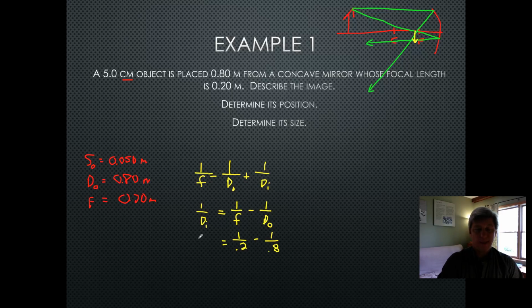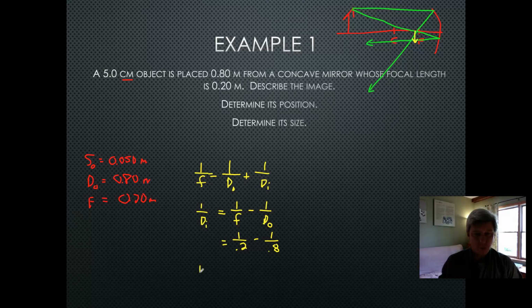But that's 1 over DI. If I take 1 divided by 3.75, that's going to give me 0.27.